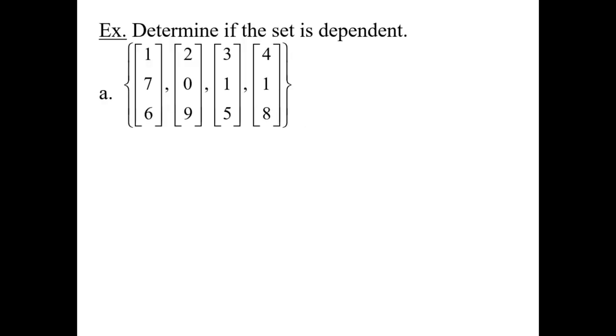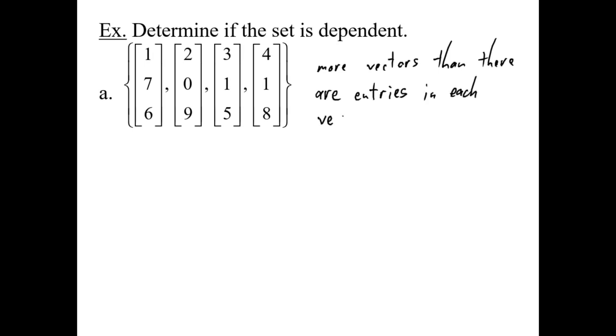So a couple of quick examples here. Determine if the set is dependent. Well, right away, there are more vectors than there are entries in each vector, which means that this is automatically a dependent set.